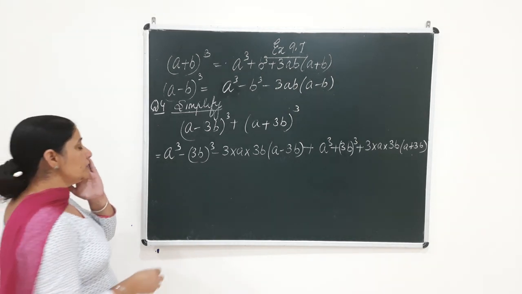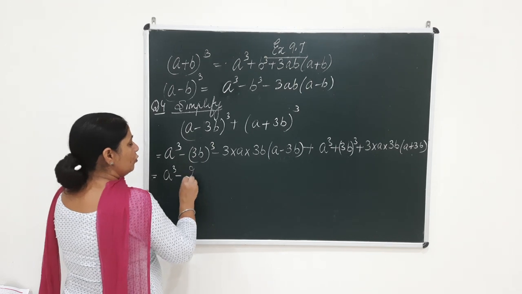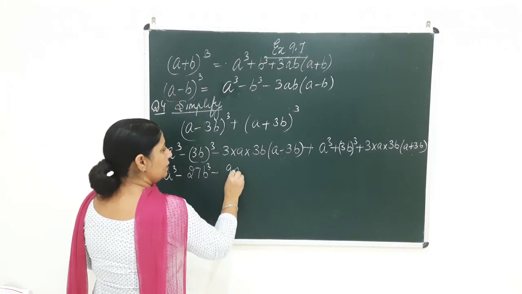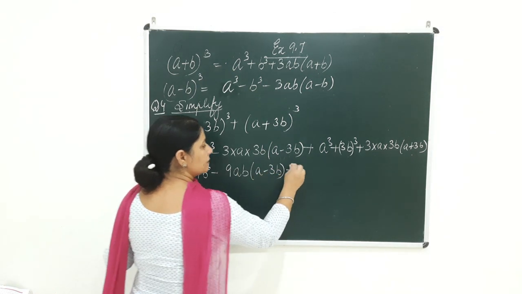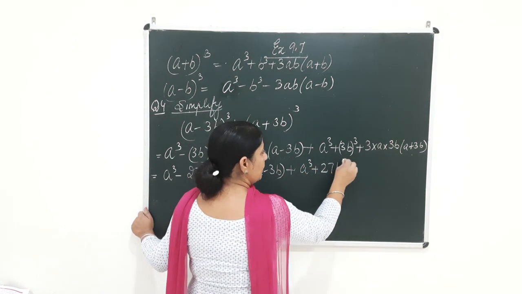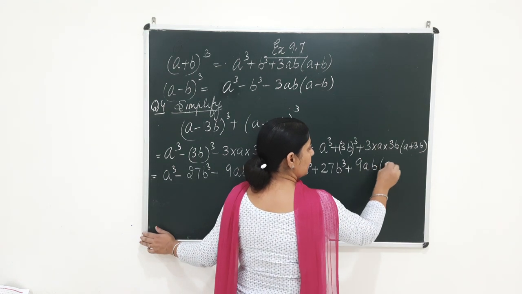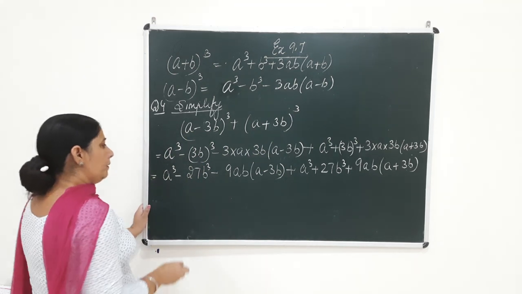Okay, for simplification, see, we have got a cube minus 3b the whole cube, that is equal to 27b cube, minus 3 3s are 9ab bracket start a minus 3b, plus we have got a cube plus 27b cube plus 3 3s are 9ab bracket start a plus 3b. Step number 4.